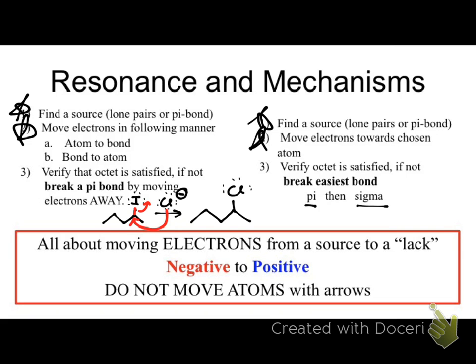Now that we've shown the electrons moving, what we'd end up doing is drawing the product. I'm going to erase what I just drew there and come back to that. We would have to evaluate everything that's changed or not changed. Did I do anything to save the carbon out here? Or how about the next one? Or the next one?